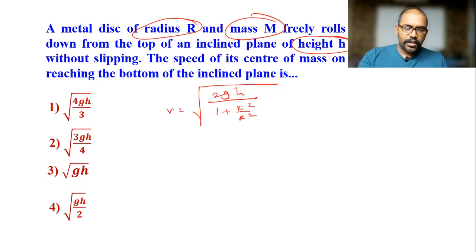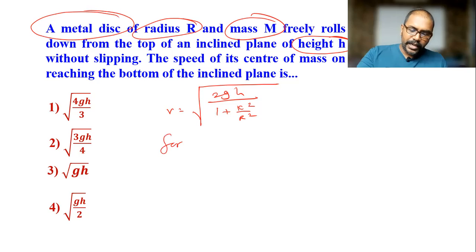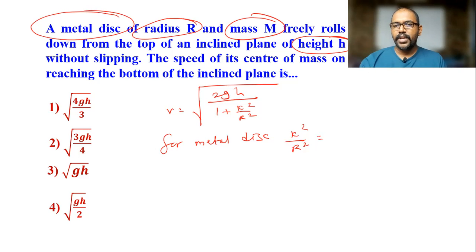Now here, this object is a metal disc. For a metal disc, the moment of inertia is m r square by 2. So by using that, we get k square by r square is equal to 1 by 2.